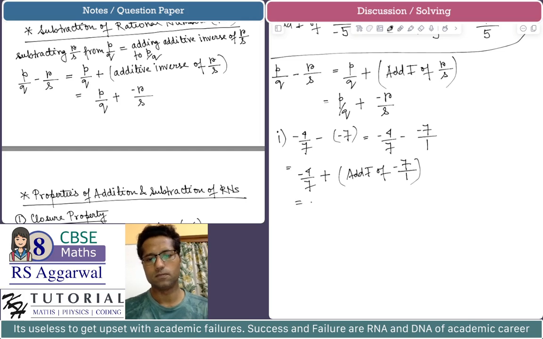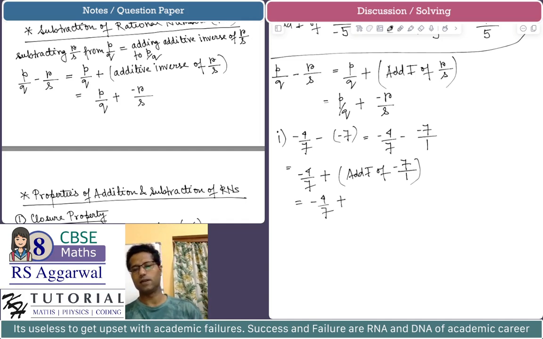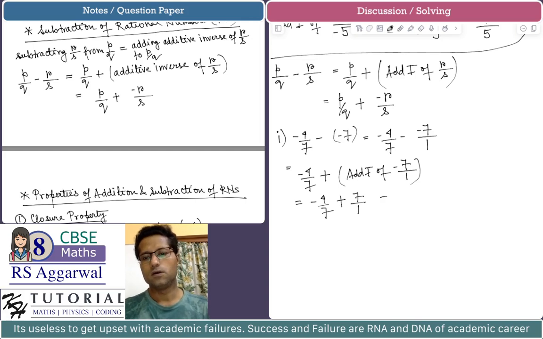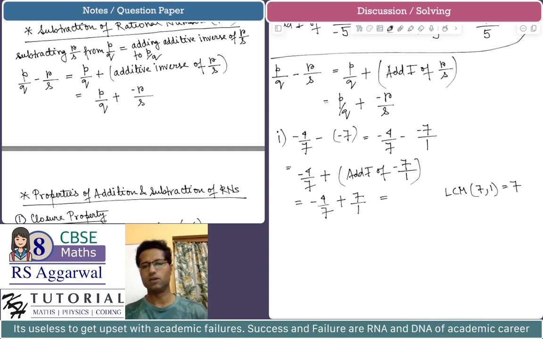This is equal to minus 4 by 7 plus the additive inverse of minus 7 by 1. You take the negative of the numerator: negative of minus 7 is 7, so this is 7 by 1. The denominators are different, so we have to take the LCM of 7 and 1, which is 7, and convert both rational numbers to equivalent rational numbers with denominator 7.